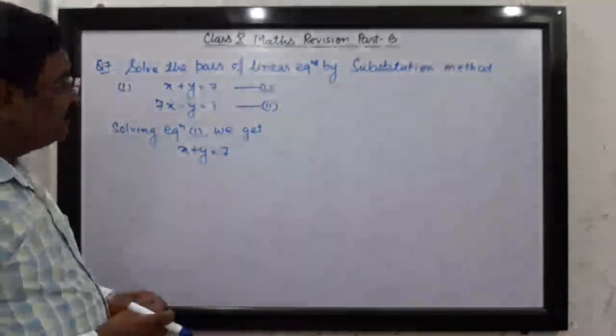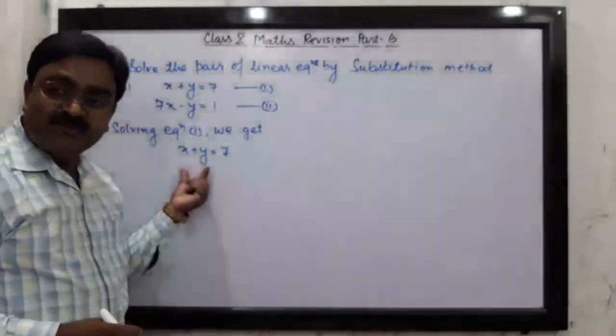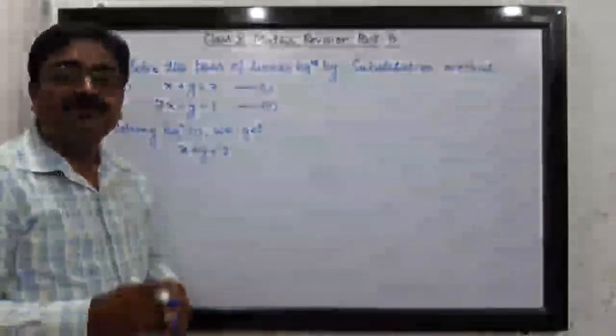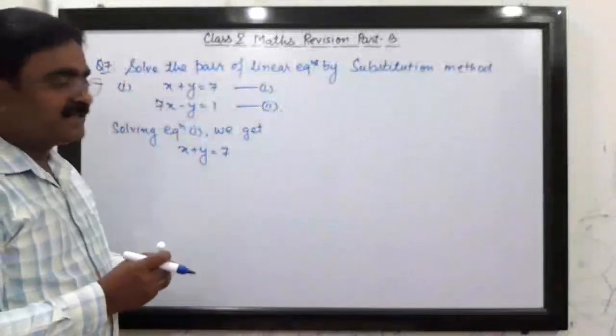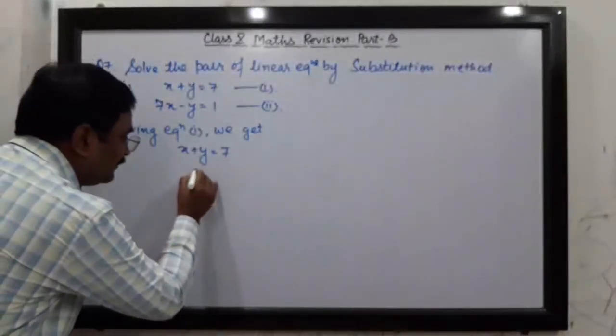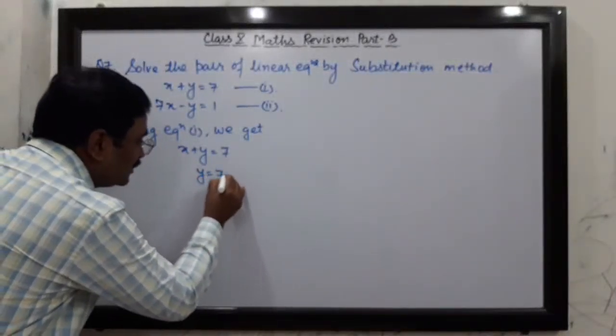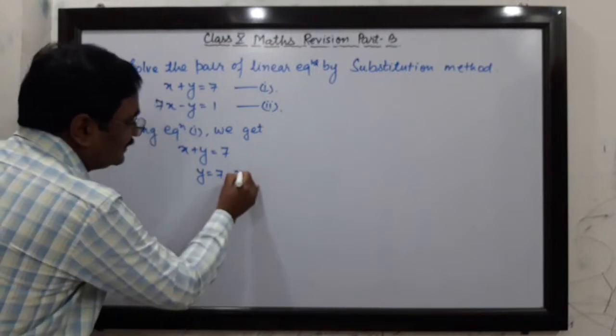So find the value of one variable in terms of the other variable. What do we do? We find the value of y in terms of x. So let us see what the value of y will be. y is equal to 7 minus x, right?